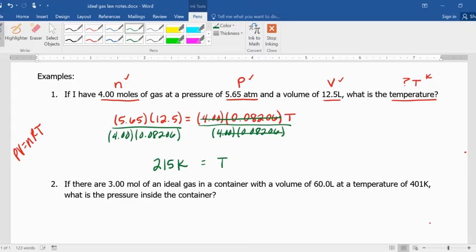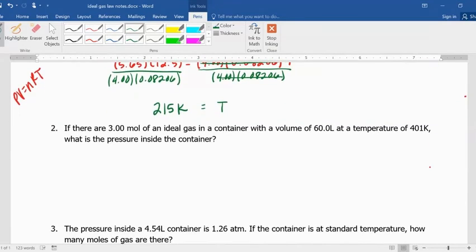Okay, let's try number 2. All right, for number 2, if there are 3 moles, so there's our n, of an ideal gas in a container with this volume, there's our V, and a temperature of 401 Kelvin, what is the pressure?